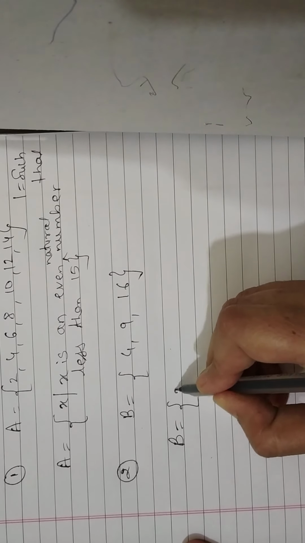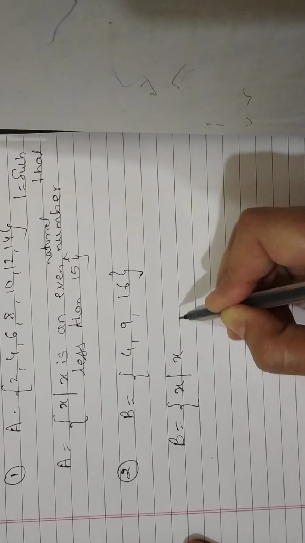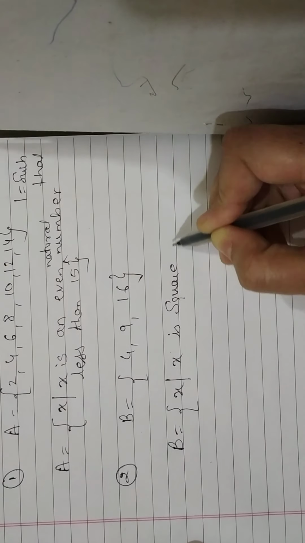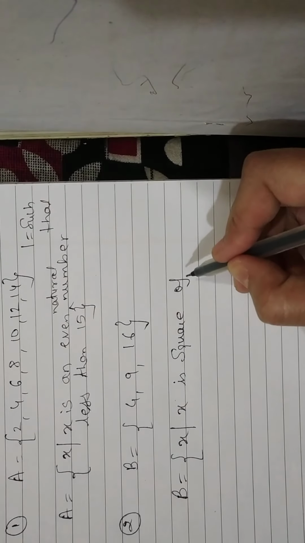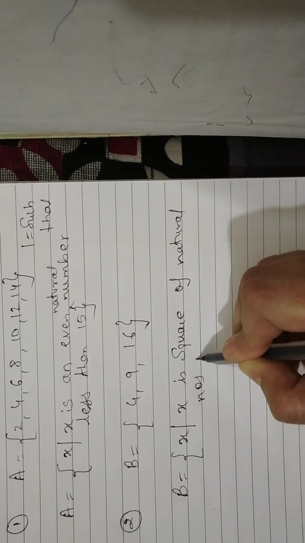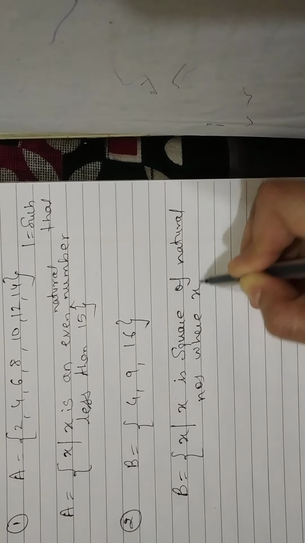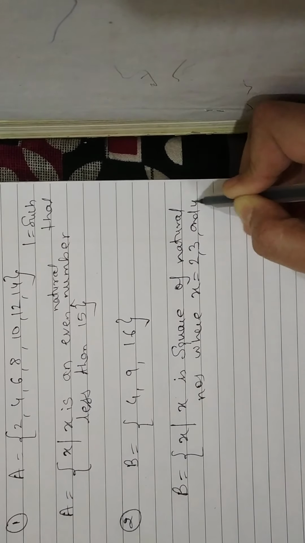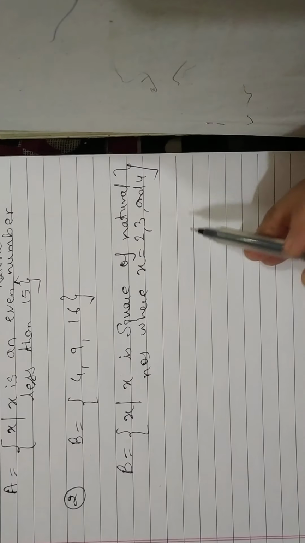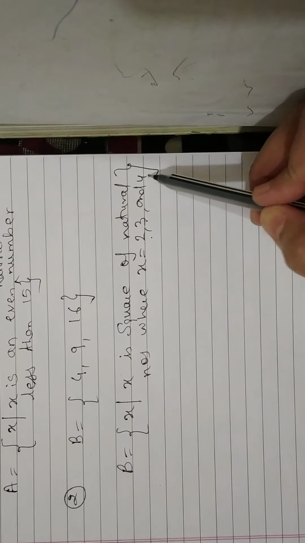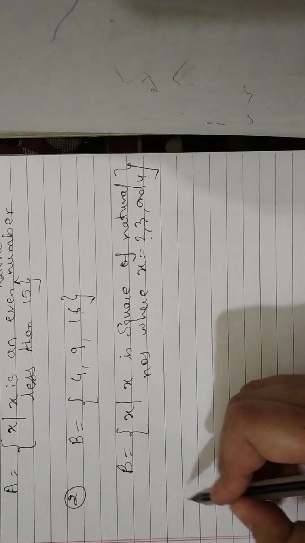So you can write x is such that x is square of natural numbers where x is equal to 2, 3 and 4. That means the square of 2 is 4, the square of 3 is 9, the square of 4 is 16.